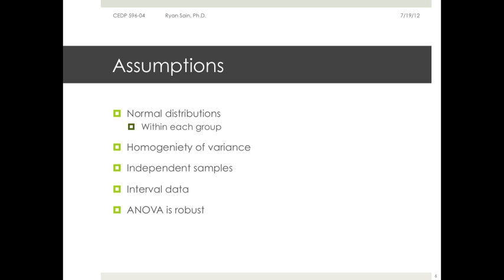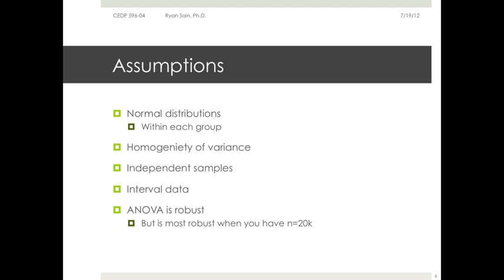The good news is that ANOVA is a very robust statistic. In other words, it can withstand violations fairly well. It's most robust when you have a sample size of n equals 20K. That doesn't mean 20,000. It means 20 times the number of groups or the number of measurements that you're going to make.